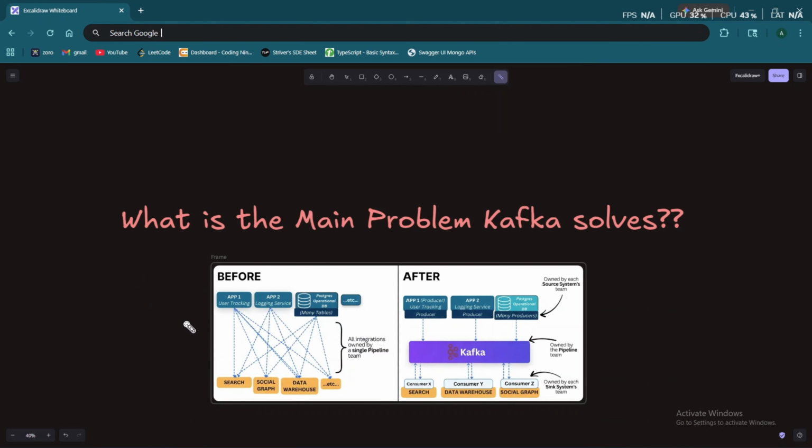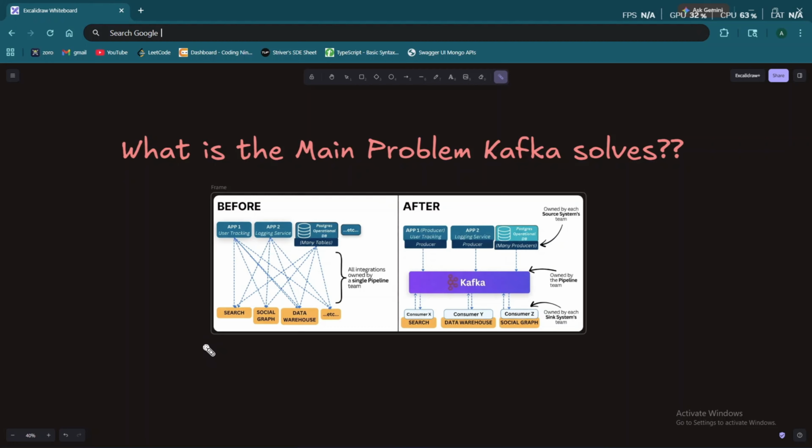Why do you think Kafka is so famous? There are lots of problems Kafka solves that traditional approaches won't. The main problem: before Kafka, if there was a producer application that needed to talk to search, social graph, data warehouse or other applications, it had to individually establish a connection with all these downstream applications.